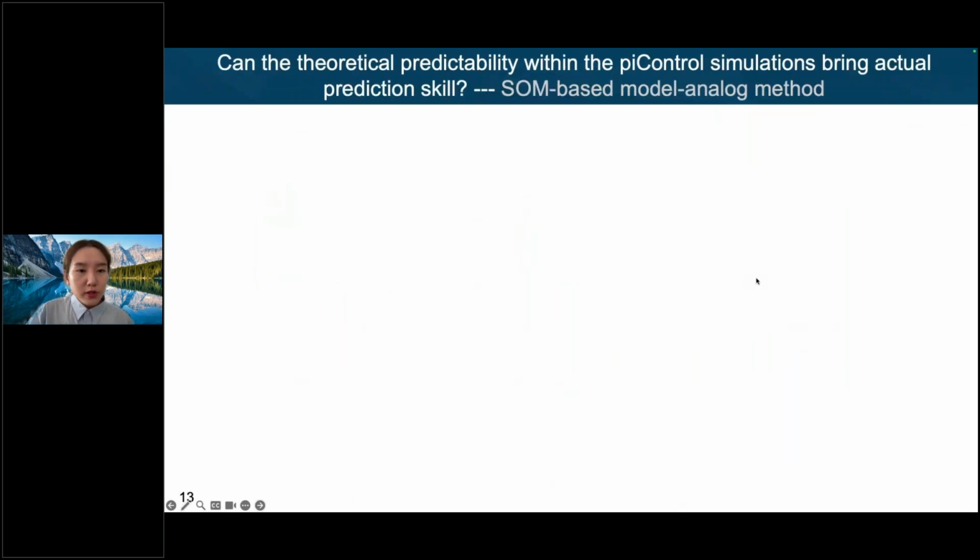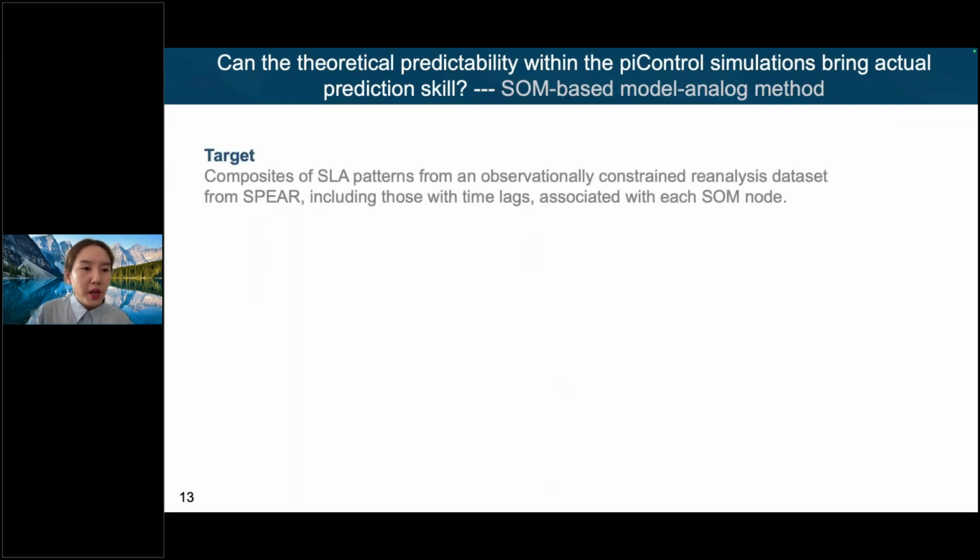After looking into the theoretical predictability in these pre-industrial control simulations, we started to wonder whether it can bring actual prediction skill to the historical prediction, for example. So here we apply a SOM-based model analog method for prediction, and our target is the reanalysis data set from SPEAR.